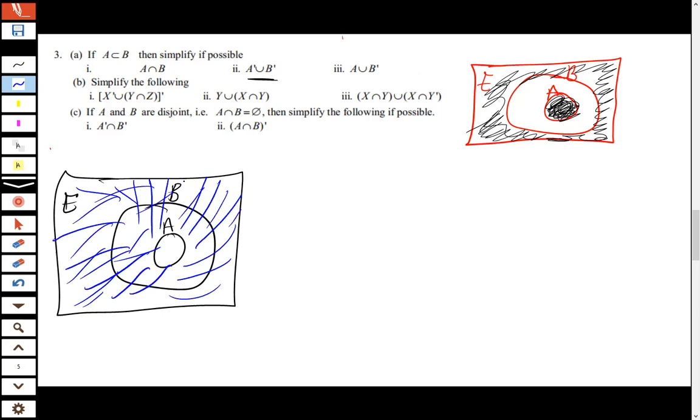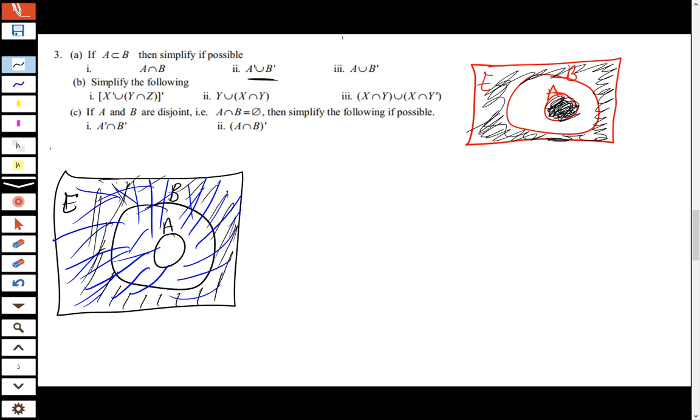B complement will simply just be everything that is outside B. Let me use another different color. Okay, let me use black. So when you shade B complement, we're going to have something like this.